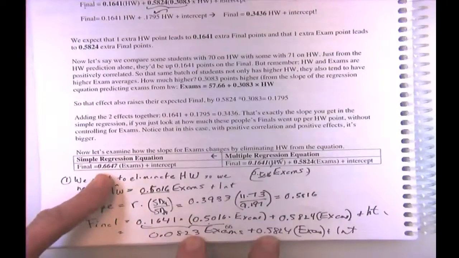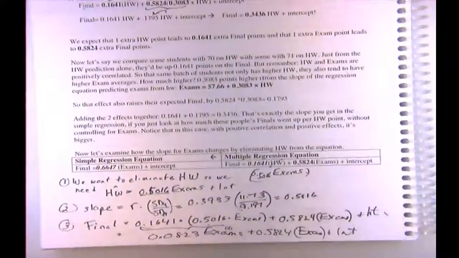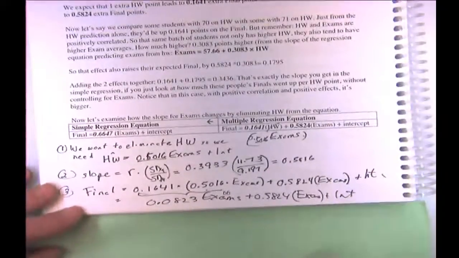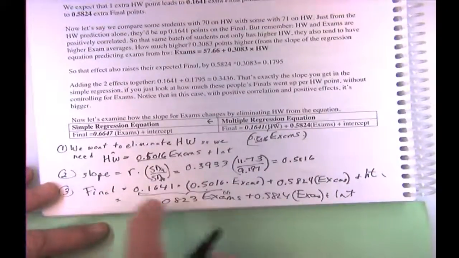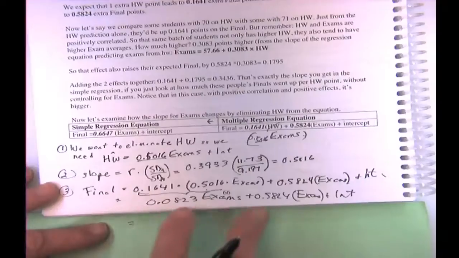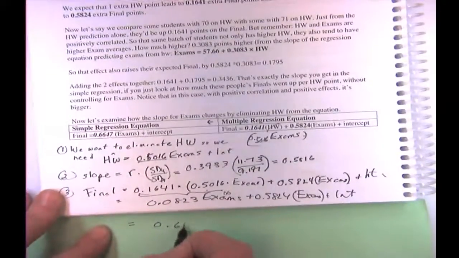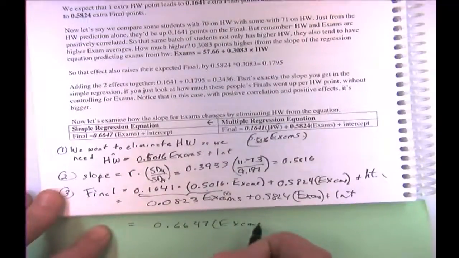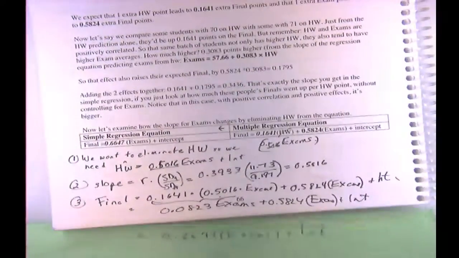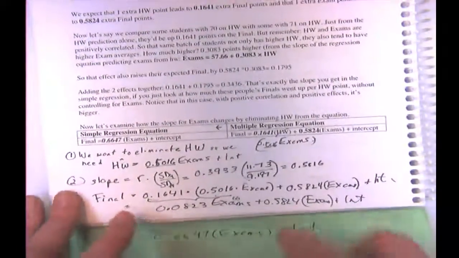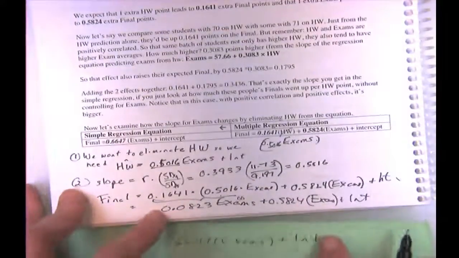Okay? Let's add another sheet of paper here. Just to go down, you can fit it on yours. I'm just saying this plus this is 0.6647 times exams plus an intercept. Just this plus that.